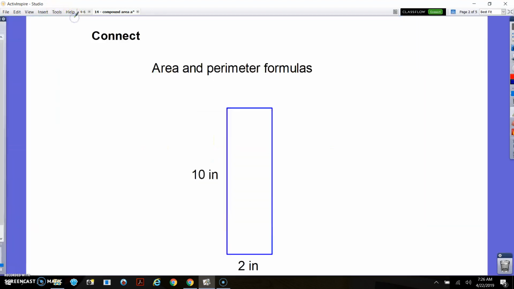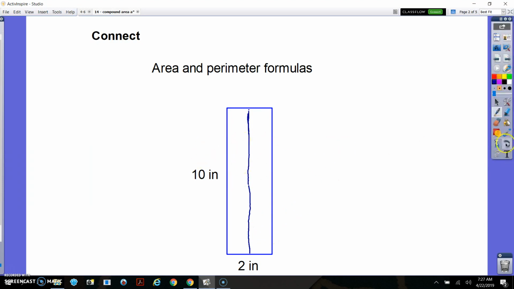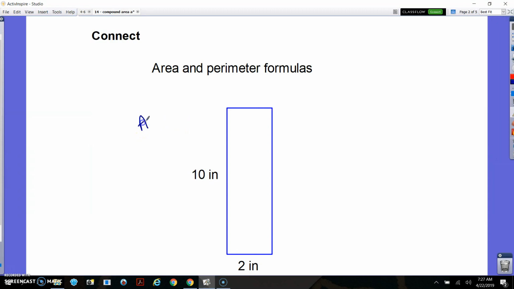Okay. So real quick review. We've been talking about area and perimeter. We talked about tiling. So like if this was 2 inches, we would partition it in 2. If this was 10, we'd partition in 10. And we also had formulas, which I'm going to use again today. The area formula was length times width, because I'd end up with 2 rows of 10 or 10 rows of 2.